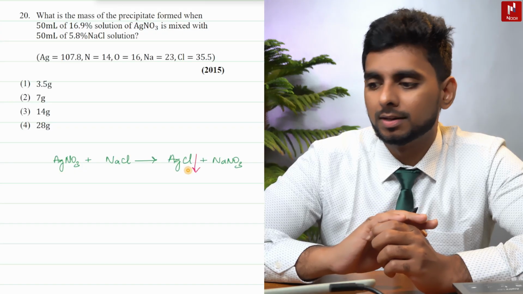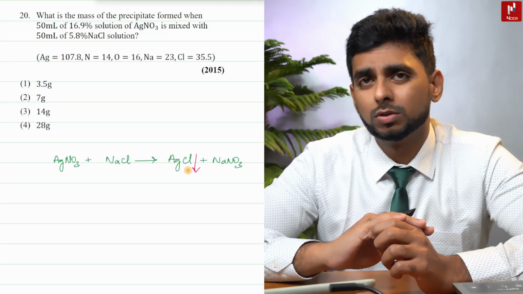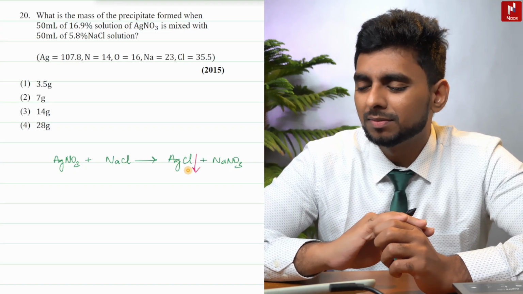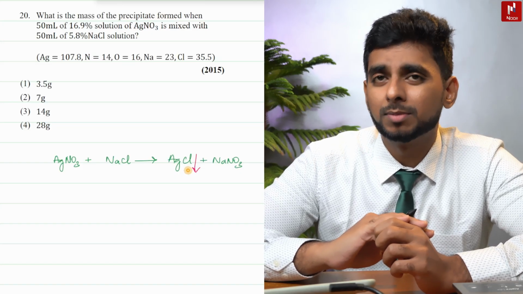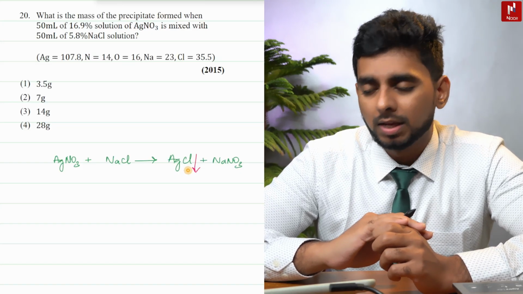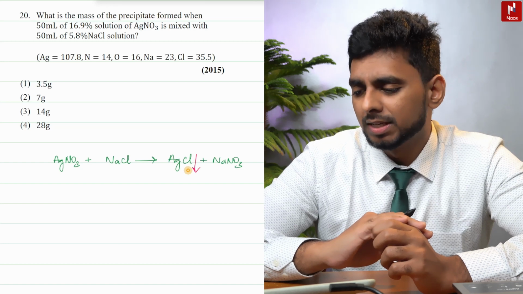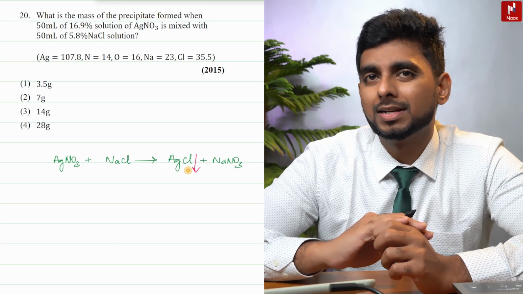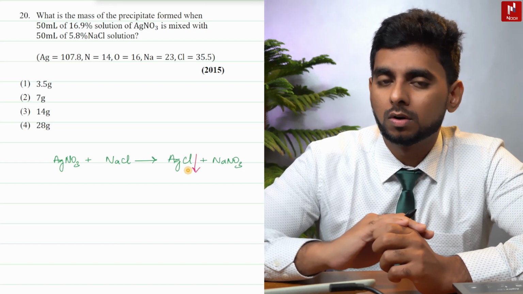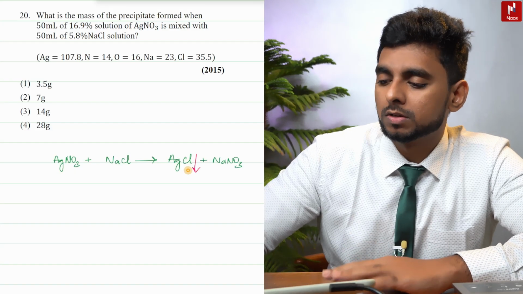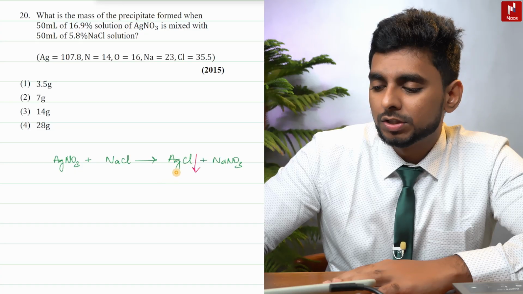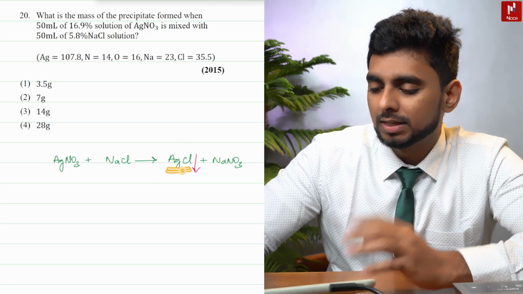I'll not be able to get it just by looking at this equation. But from the lower grades that we have learned, we know AgCl will generally be the precipitate. Same way NaNO3, nitrates and sulfates are soluble in the solution, therefore they will not get precipitated. So end of the day, you should know AgCl is a precipitate in this situation.